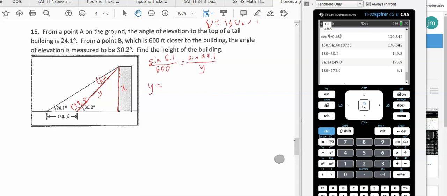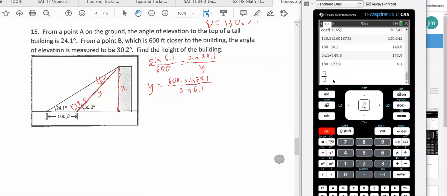So y is going to equal a big fraction here: 600 times sine 24.1 divided by sine 6.1. 600 times sine 24.1 all divided by sine 6.1.